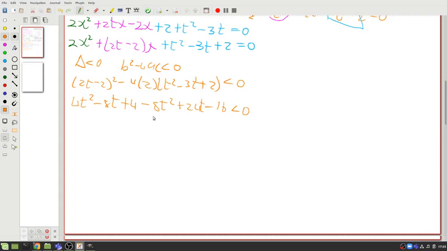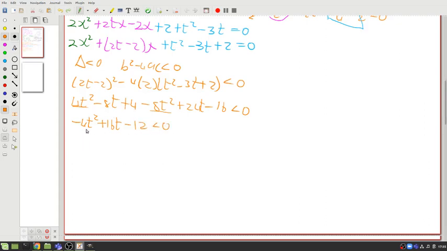Let's collect our like terms. We've got negative 4t squared, negative 4t squared. Then our t's: negative 8t plus 24t gives us plus 16t. And then negative 16 plus 4 is negative 12, less than 0.